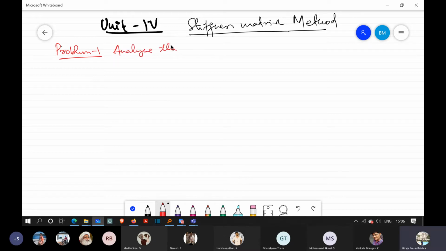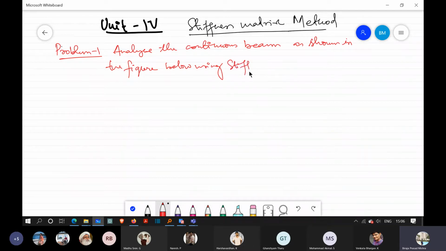Analyze the continuous beam as shown in the figure below using, sorry, this is again the same one, the stiffness matrix method.